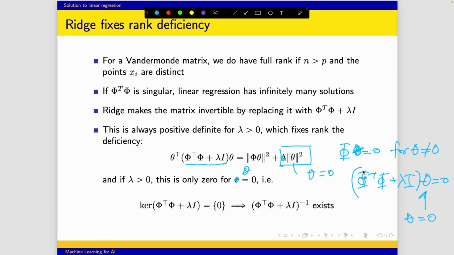And the kernel of a matrix is defined as the set of theta for which this is true. Well, we only have this one. So the kernel is just the 0 vector, which tells us that the inverse exists. In other words, this matrix is invertible. So that's the last thing I wanted to say. After this, we will move on to lasso.